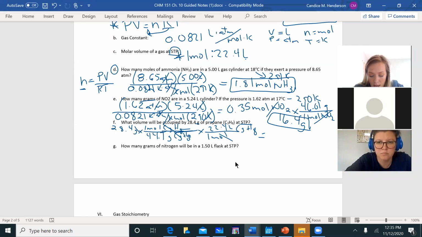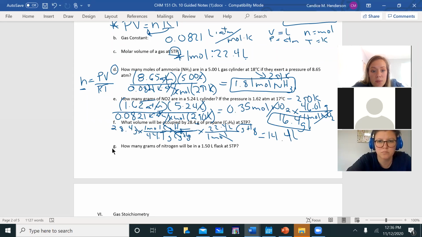And in this case, we have 14.4 liters. Now, let's say you forgot that nifty trick of STP in this equation here. You could have just plugged all the information into PV = nRT with the temperature being 273 Kelvin and the pressure being 1 atm. It would give you the same answer. So it's up to you.